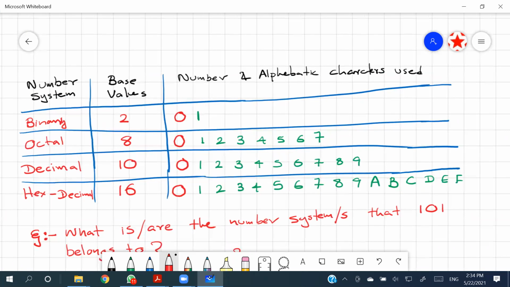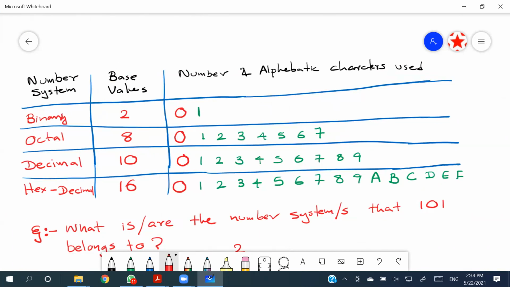And we learned that every number system has a base value, and each number system starts its characters from 0 and continues until 1 less than the base value. So starting from the 0th character, which is 0, we continue to the character 1 less than the base value.